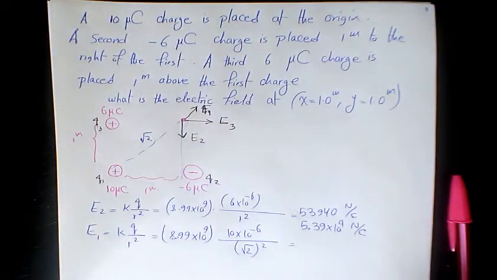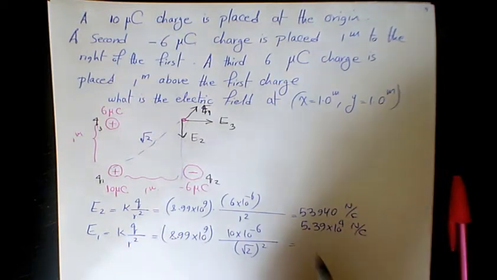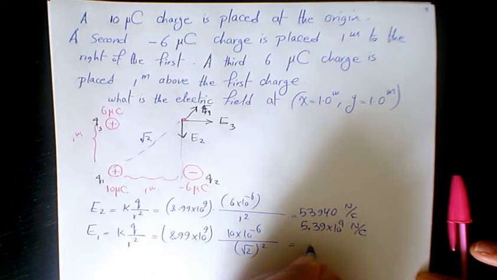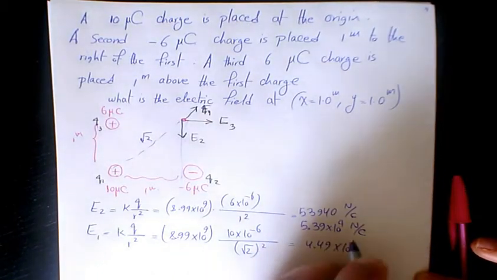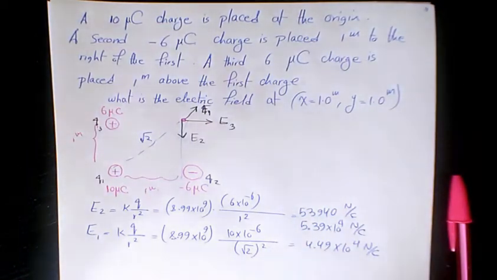That's going to give me 4.49 times 10 to the power of 4 Newton per Coulomb.